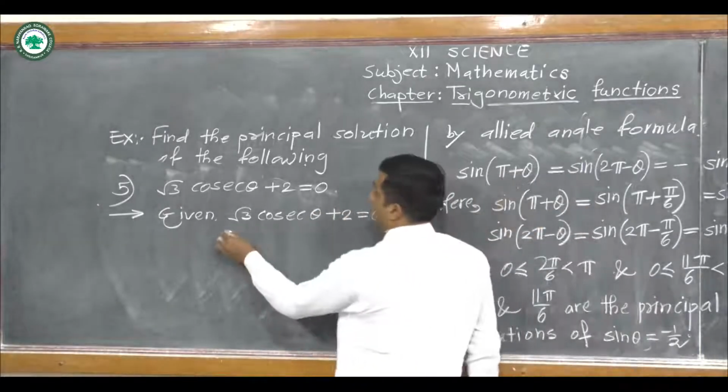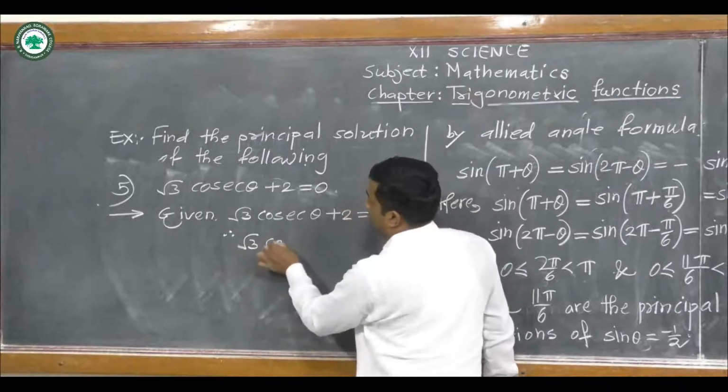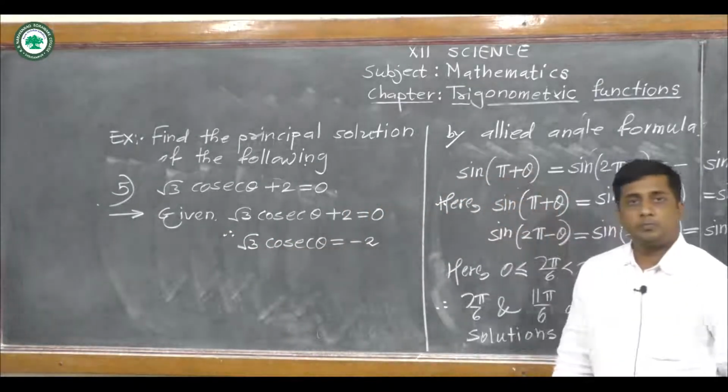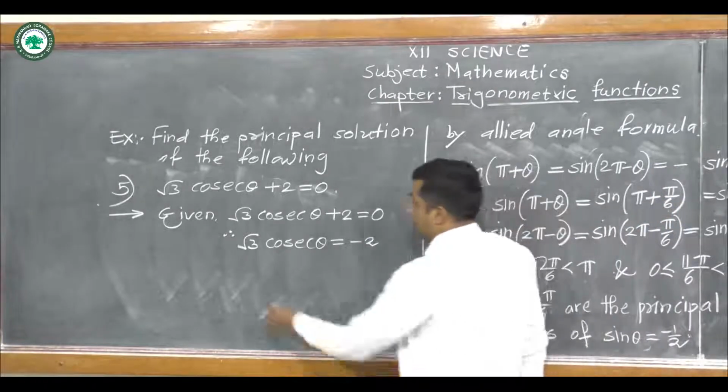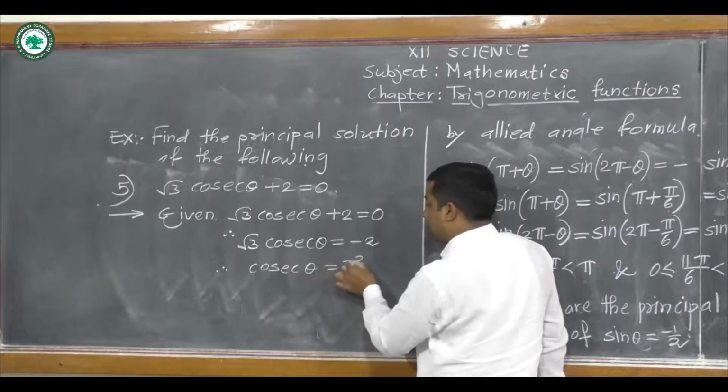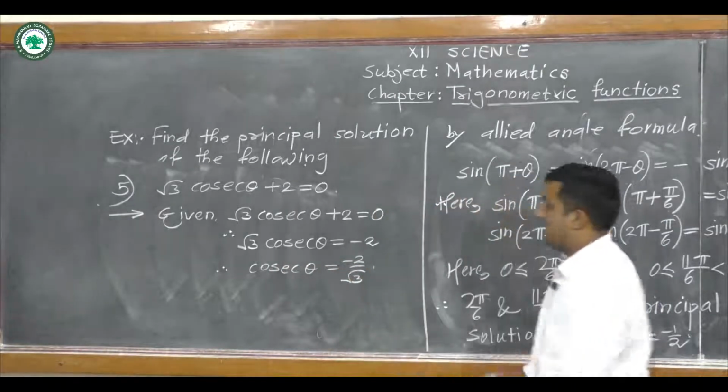Here I write this root 3 cosec theta separately. Root 3 cosec theta is equal to minus 2. Okay, next here I write this cosec theta separately as equal to minus 2 upon root 3.